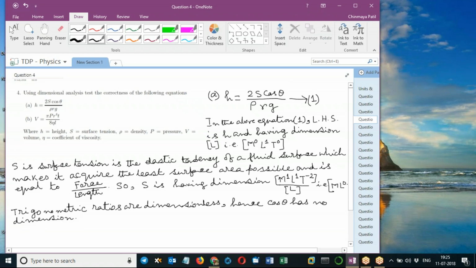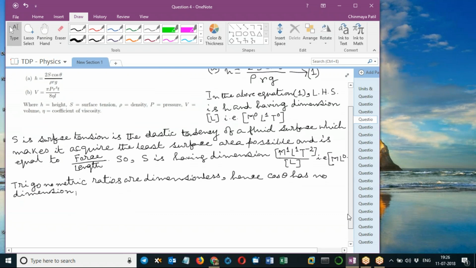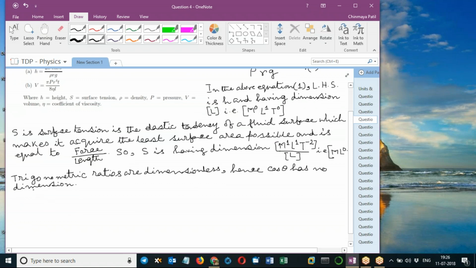Next one is coming rho, in 2s cos theta. Density is the mass per unit volume. Correct? Dimension M L power minus 3.